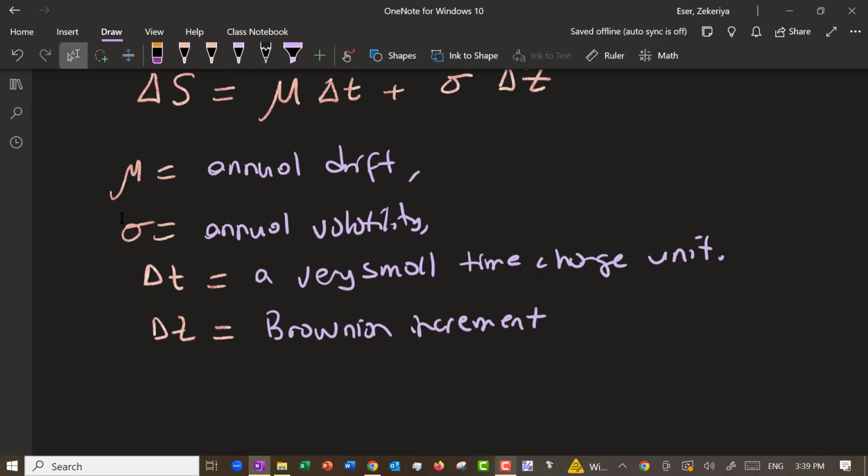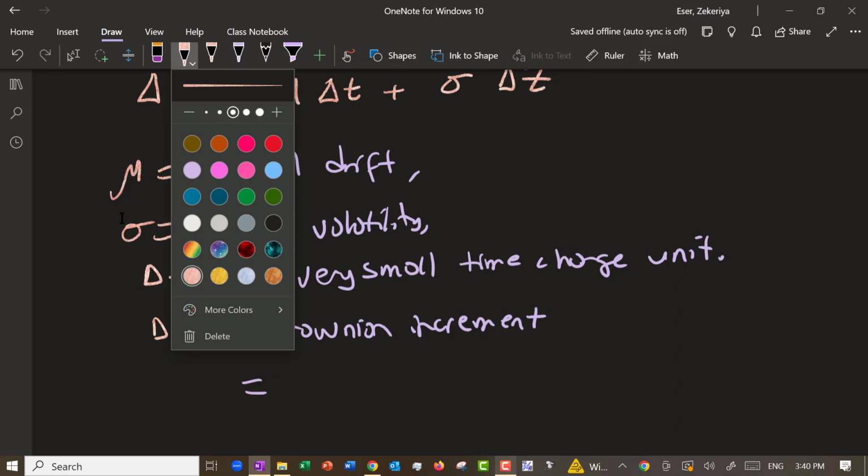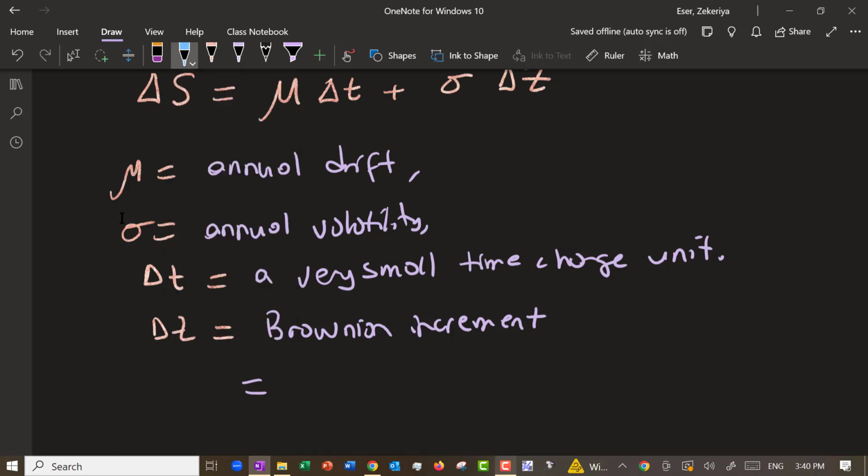It is a random number, and it has a normal distribution with a mean of 0 and a standard deviation of square root of delta t.